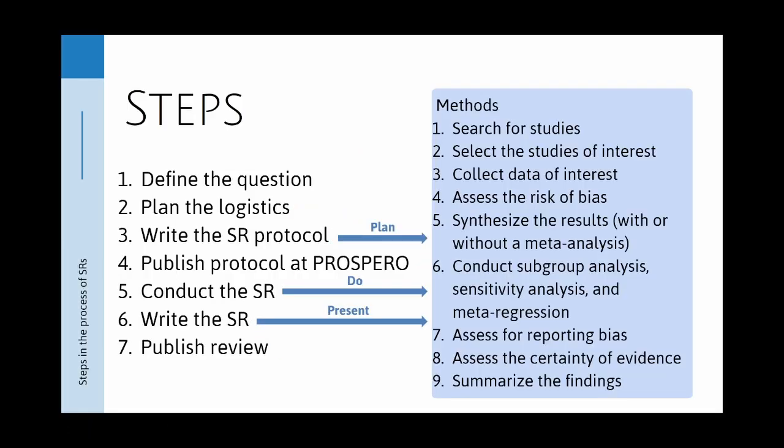But what exactly is included when you conduct the systematic review? Well, the methods that are used when you do a systematic review: first you start by searching the studies that you are interested in, and for that it is important to have a well-defined review question, because with a well-defined review question you have a specific eligibility criteria, and with that you can know better which studies you are interested in.